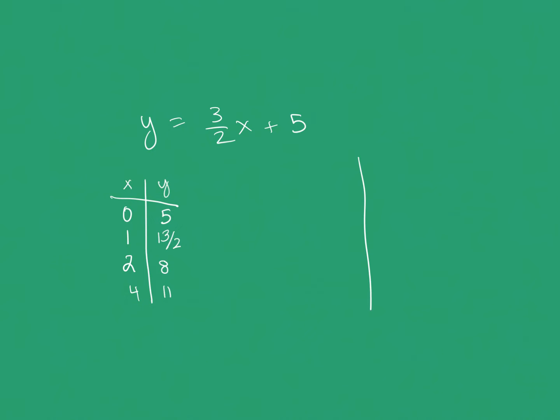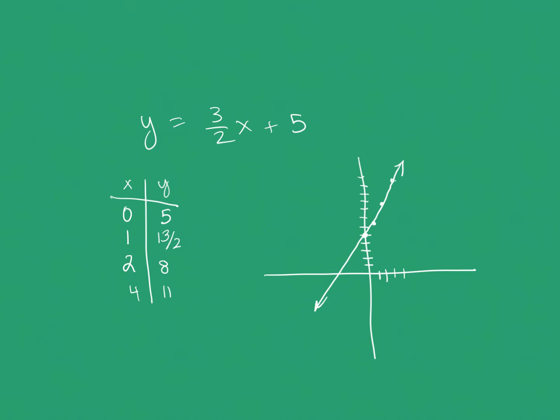So we would plug in points: (0, 5), (1, 13 halves), which is 6.5, (2, 8), (4, 11). And you would plot those points, and then you would draw your line in, connecting the points that you had plotted.